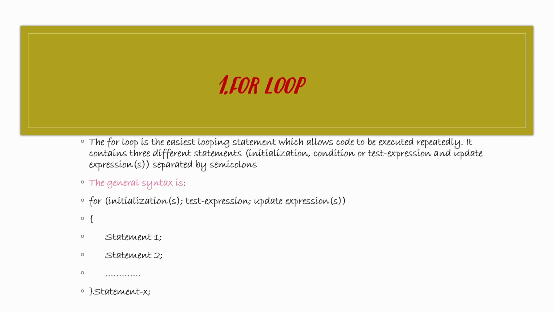As we have learned, the parts of the loop are initialization, test expression, update expression, and the body of the loop, so the four parts are depicted in the for loop too.